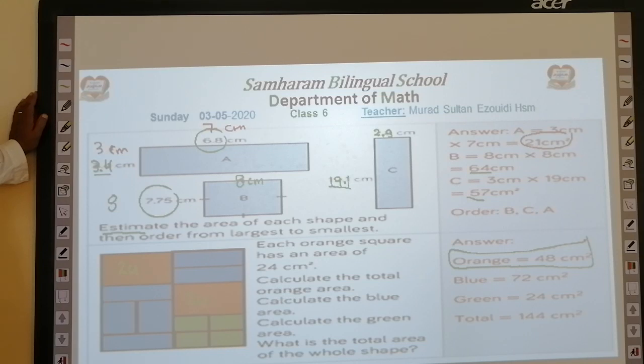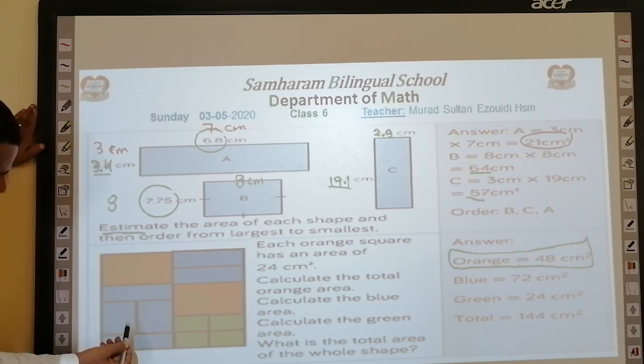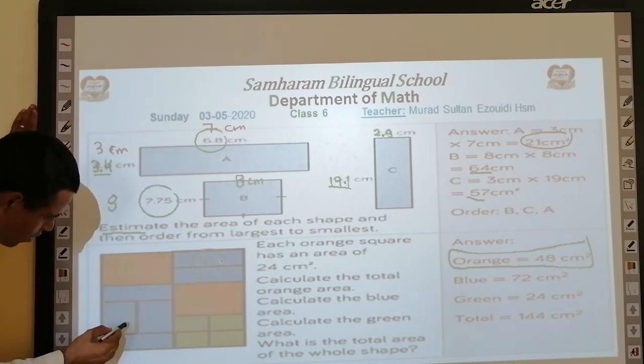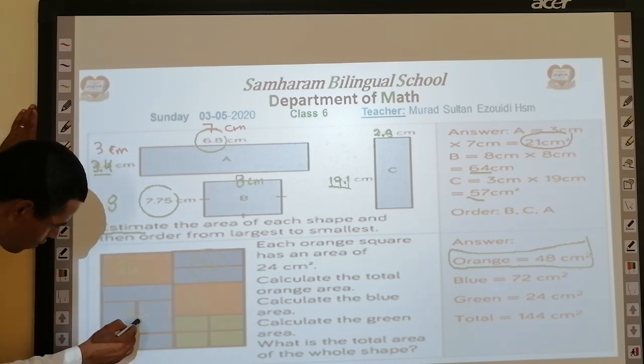Okay. Each orange square has an area. So blue is 72 centimeters squared. Why? Because this one is 24, this one also, and this is 24.